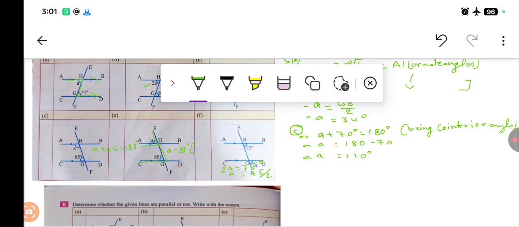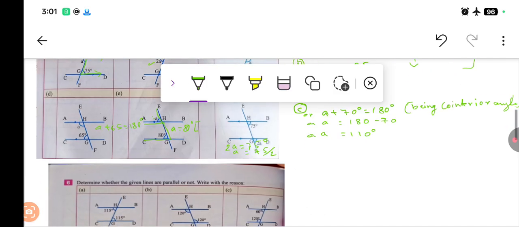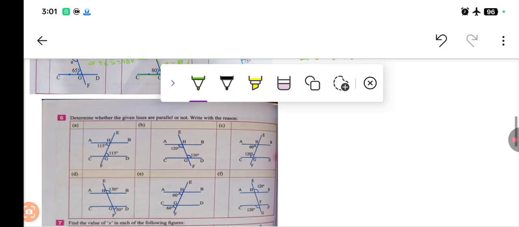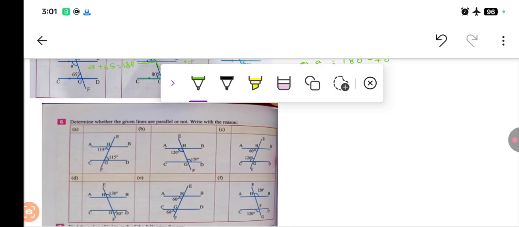Now let us move to the next question. Question number 6. In question number 6, it is asking us to determine whether the given lines are parallel or not. Here we have to verify whether the lines are parallel or not. To verify this, we have to see three things in the following figure.